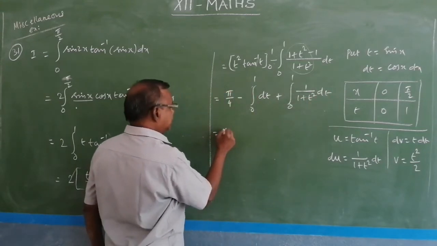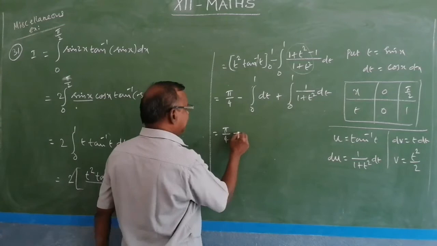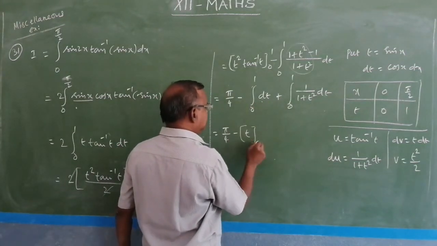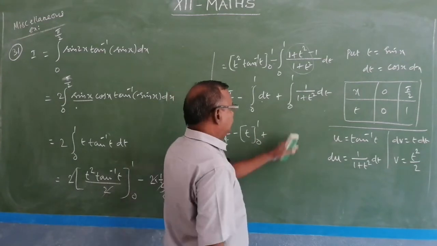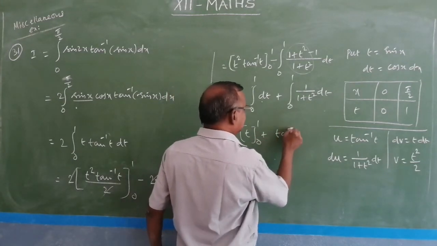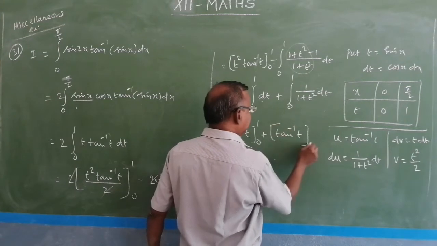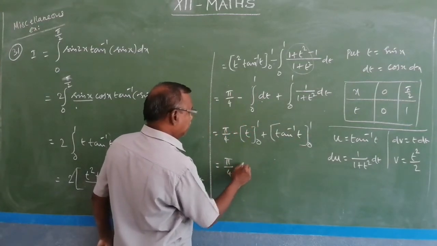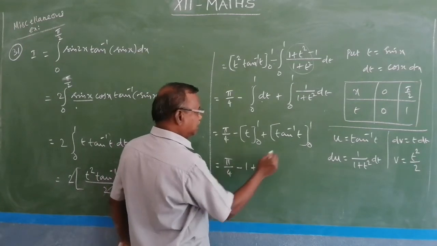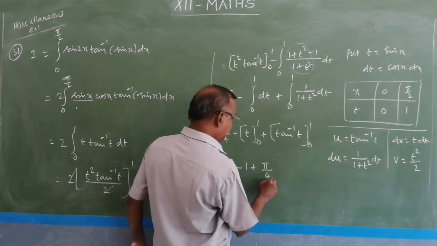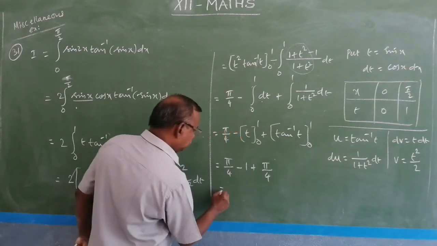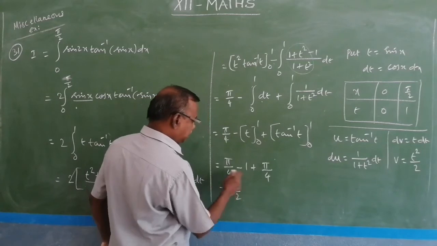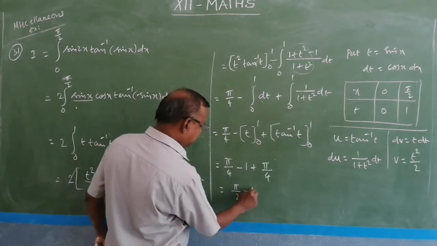So this is equal to pi by 4 minus, the integral of dt equals t from 0 to 1, plus 1 by 1 plus t square which means tan inverse of t from 0 to 1. This is equal to pi by 4 minus 1 plus, upper limit pi by 4 and lower limit 0. So pi by 4 plus pi by 4 equals pi by 2, that is 45 degrees plus 45 equals 90 degrees, so the answer is pi by 2 minus 1.